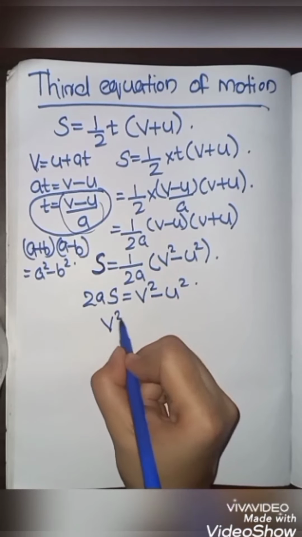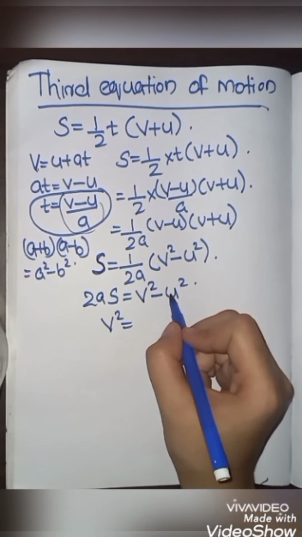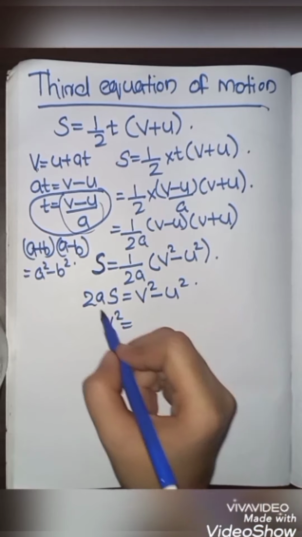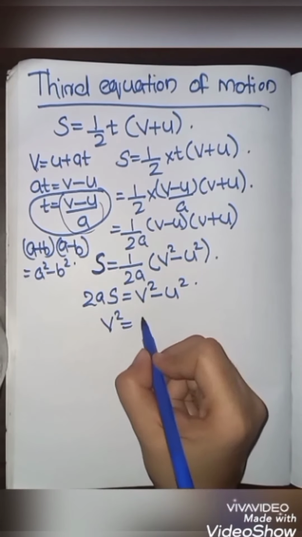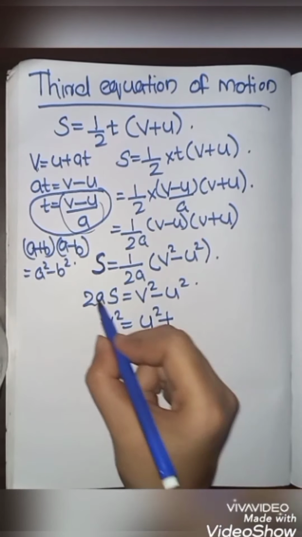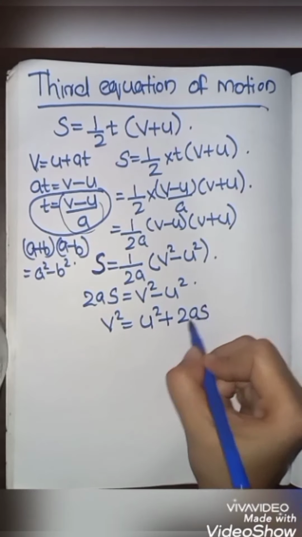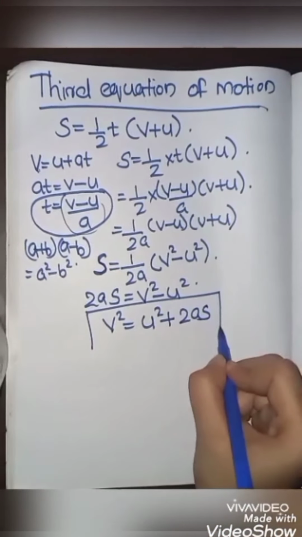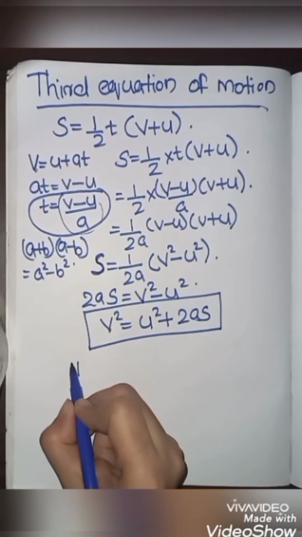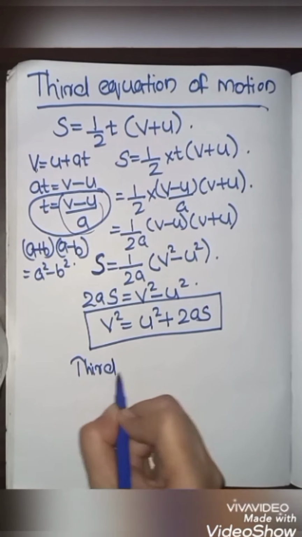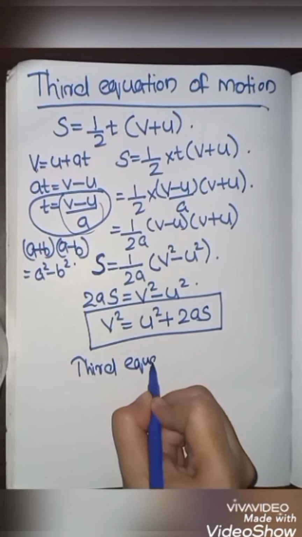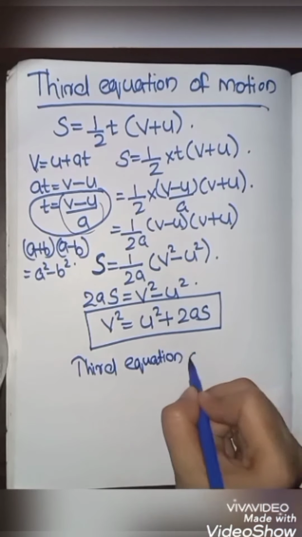Then V square is equal to U square plus 2AS, as minus U square coming to this side becomes plus U square. This is the third equation of motion.